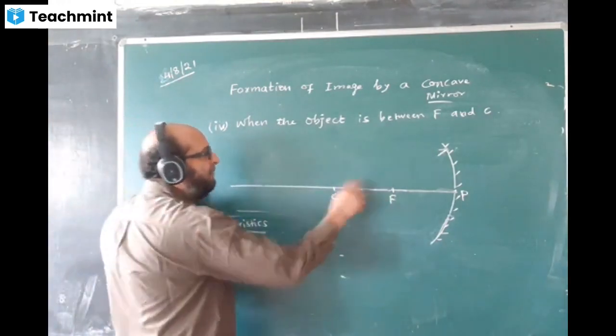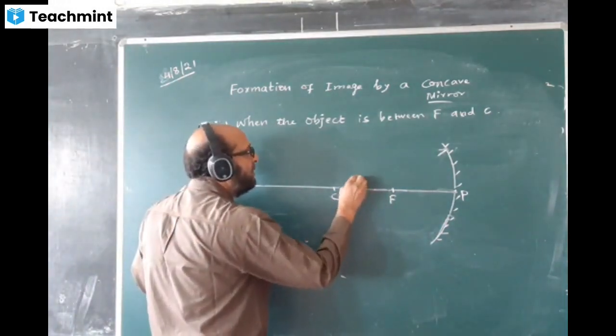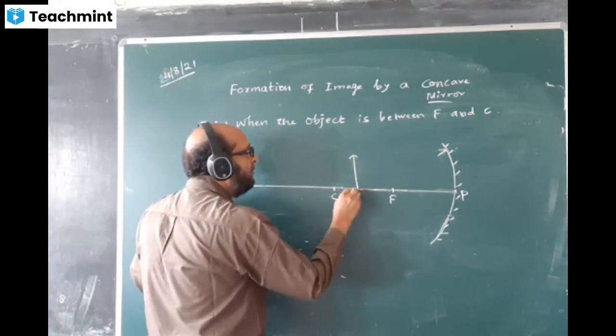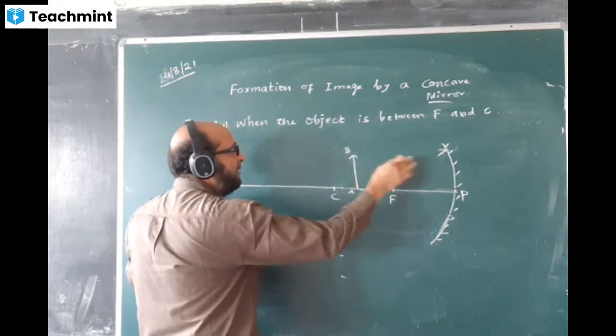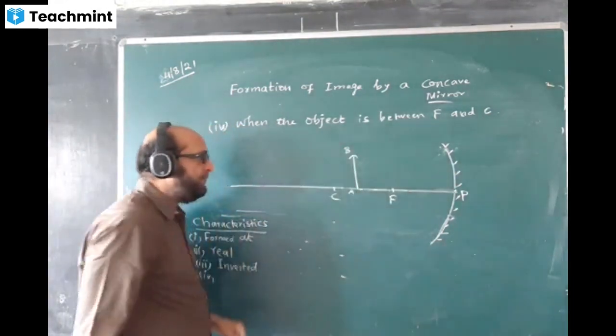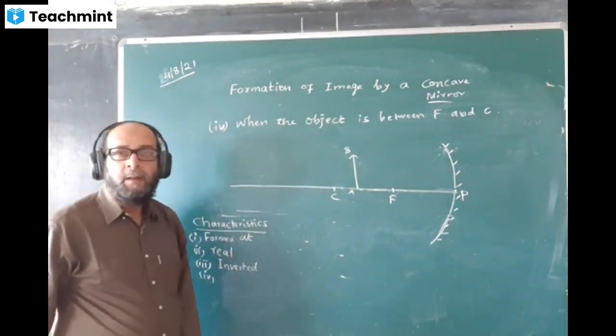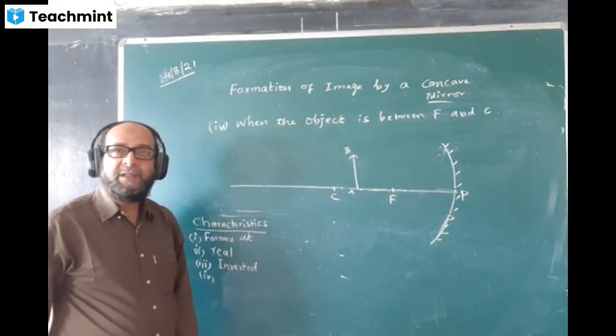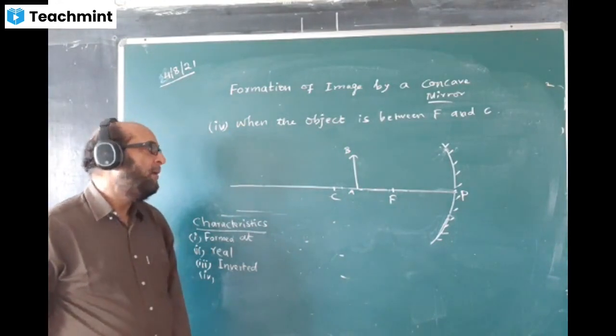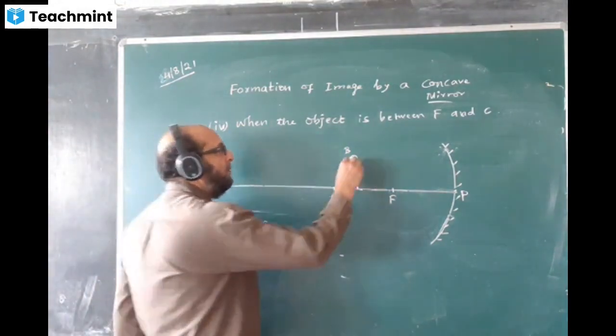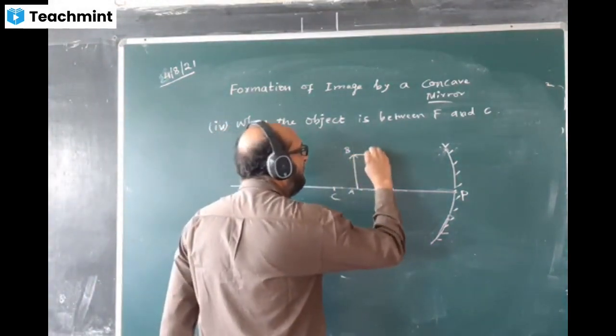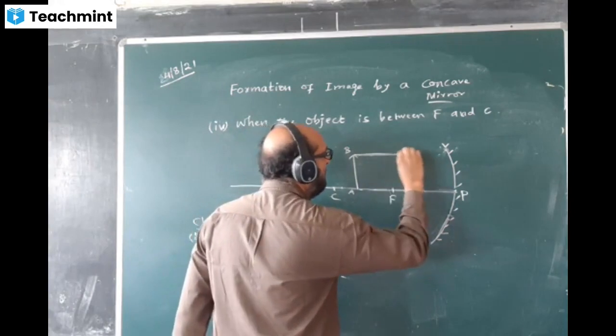Draw the object anywhere in between, like this. Take the height of the object equal to 2 lines. AB is object here. Height of the object is equal to 2 lines. Then one ray should come like this.